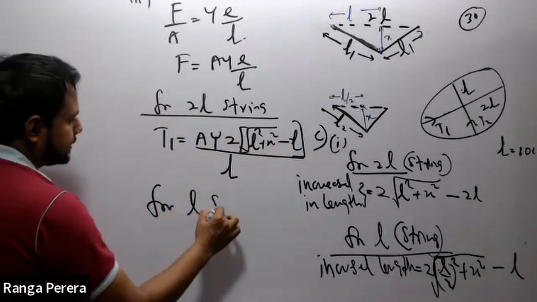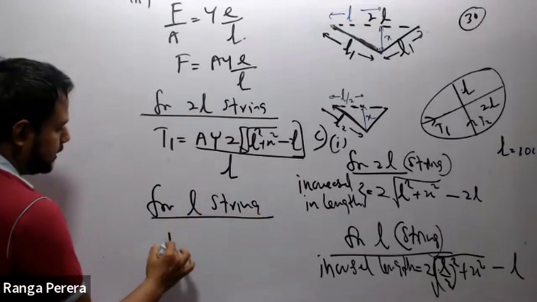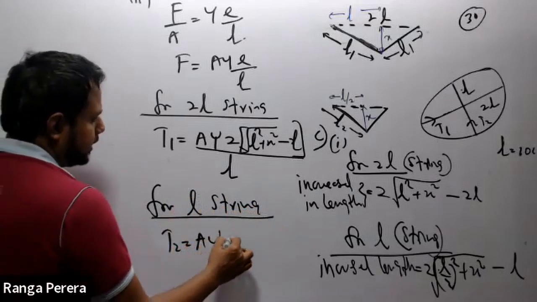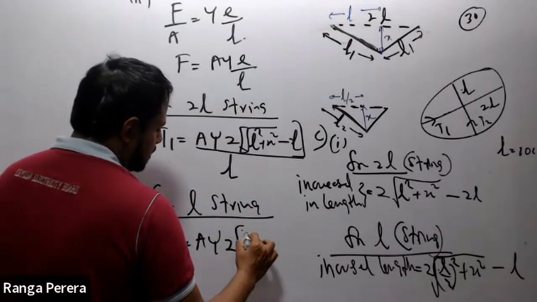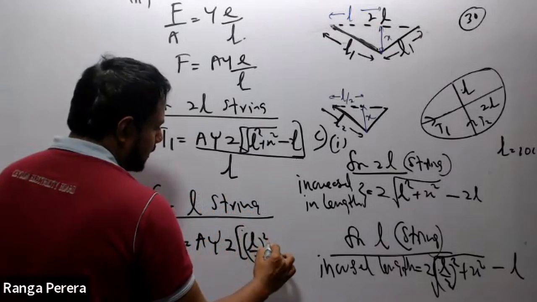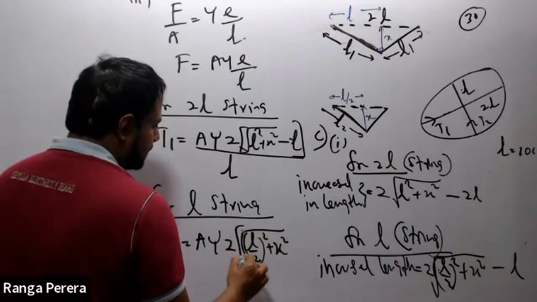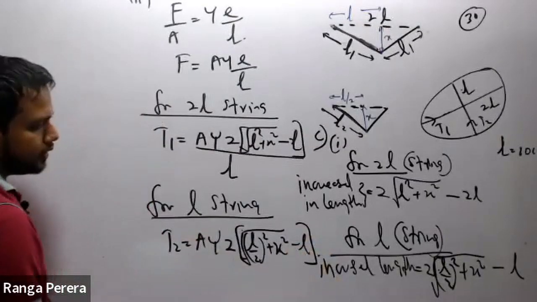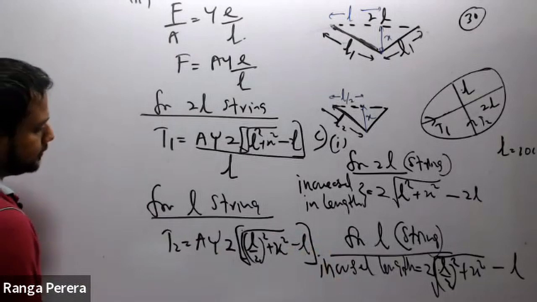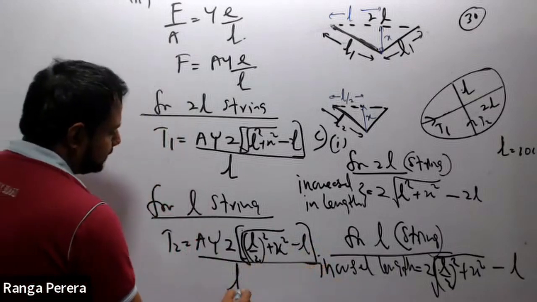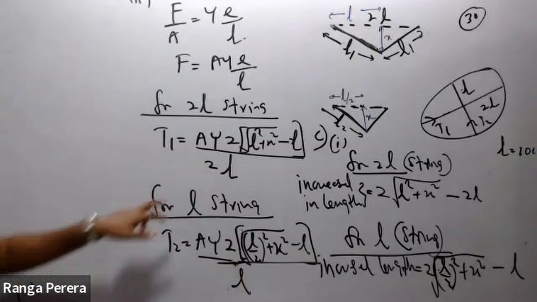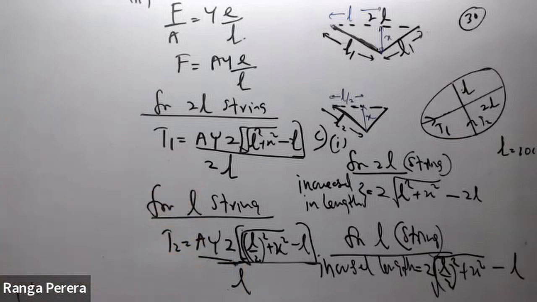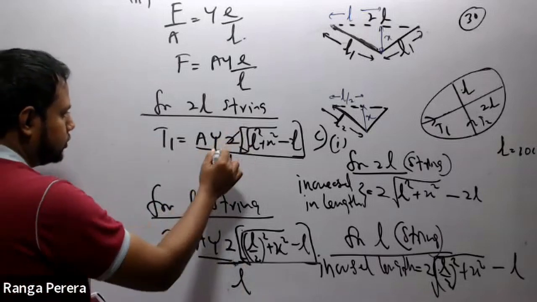For the L string, T2 equals A Y times 2 root of (L by 2 squared plus X squared) minus L, divided by L. Sorry, it is divided by L, not 2L. The 2 cancels.